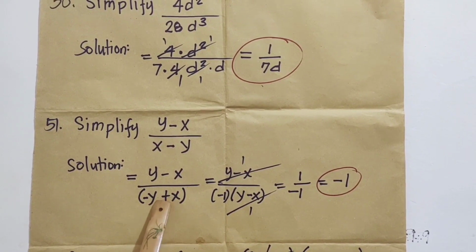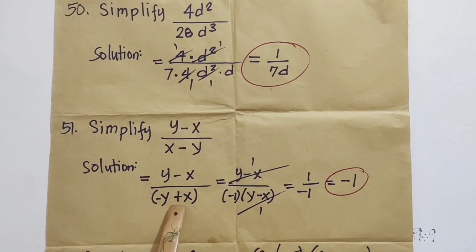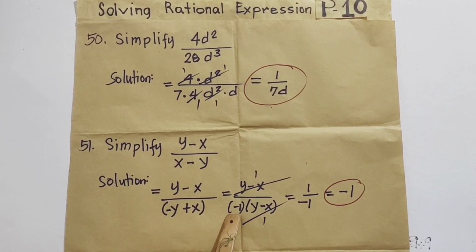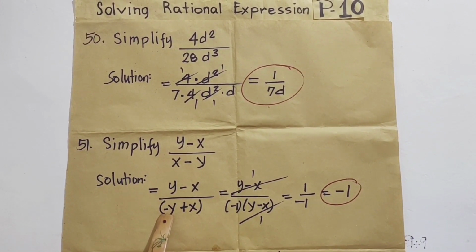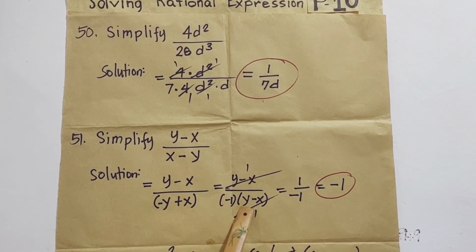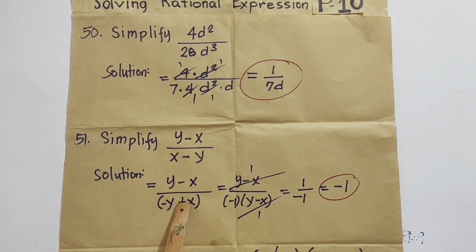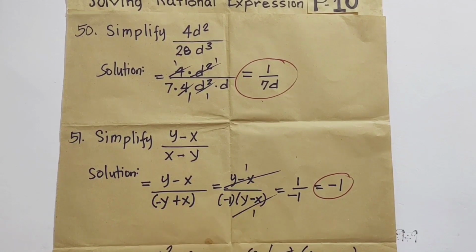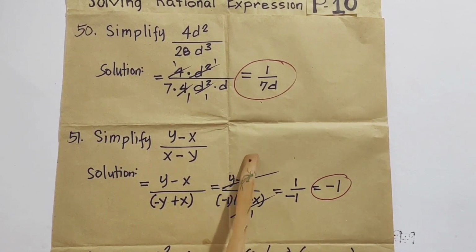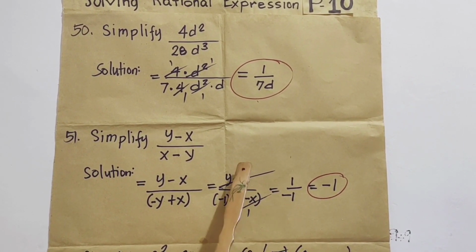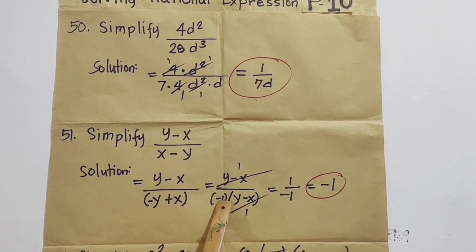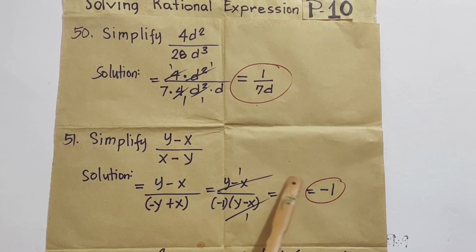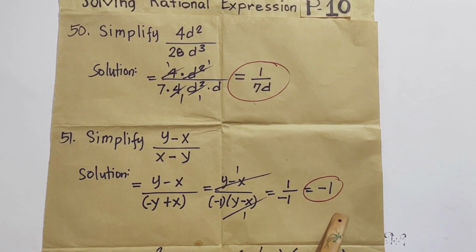So what we have to do is factor the denominator, and the factor of this is negative 1. And negative 1 divided by negative y equals positive y. Then positive x divided by negative 1, we have negative x. Then we can cancel now 1, 1, and 1 over negative 1 times 1 equals negative 1. Then 1 over negative 1, if we divide, the answer is negative 1.